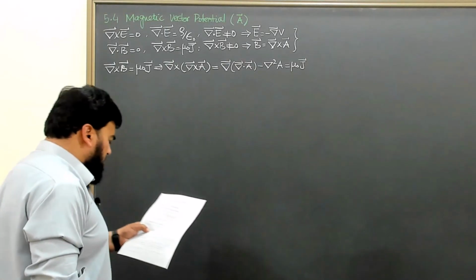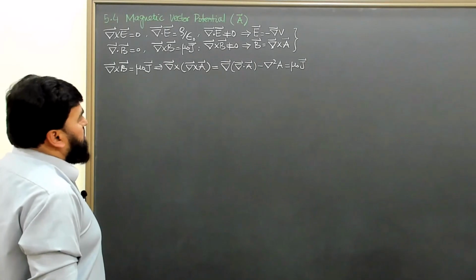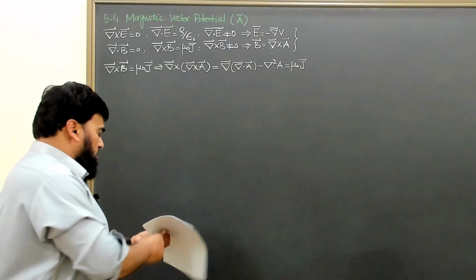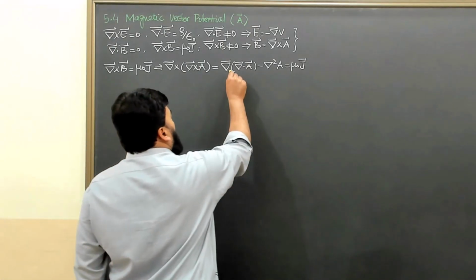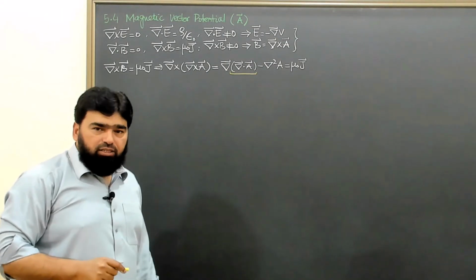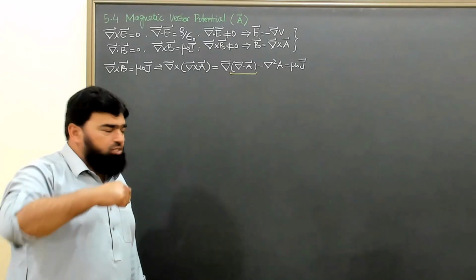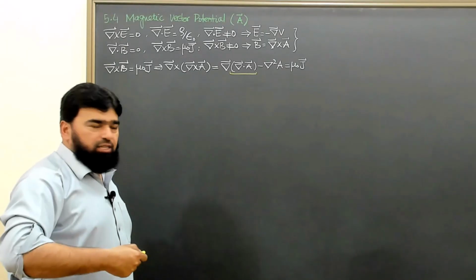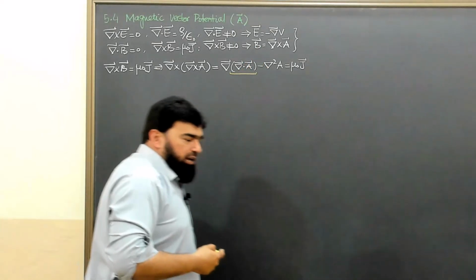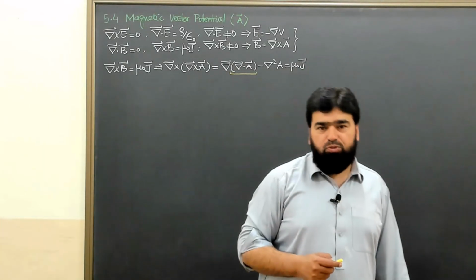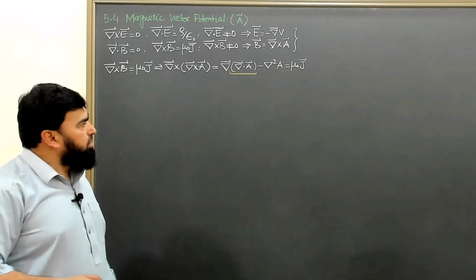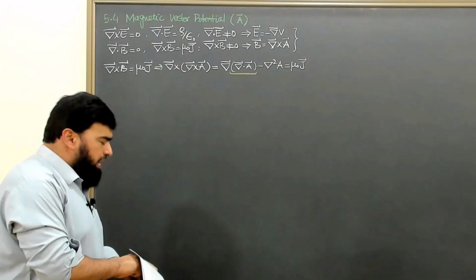And we know one thing: what about del dot A? This we will explore even further. If A is a vector and A is curling like here, whether it will have a divergence, and whether this divergence is to be zero or not, we will discuss in more detail.